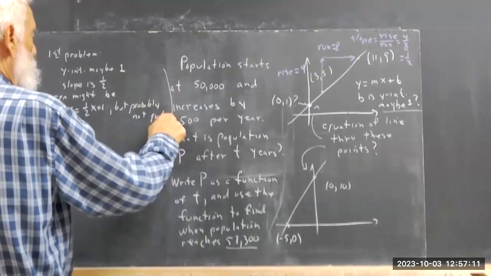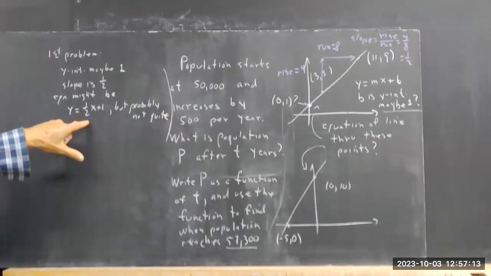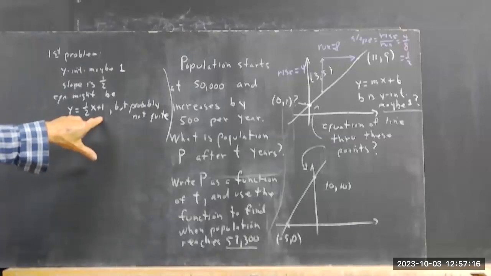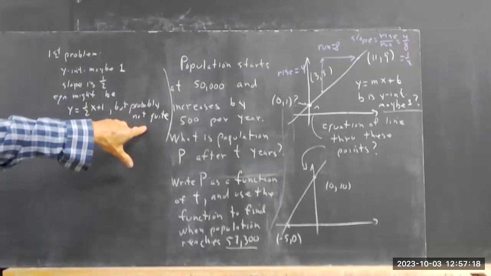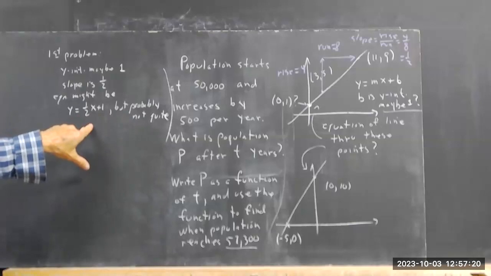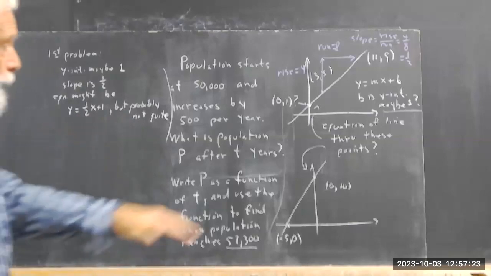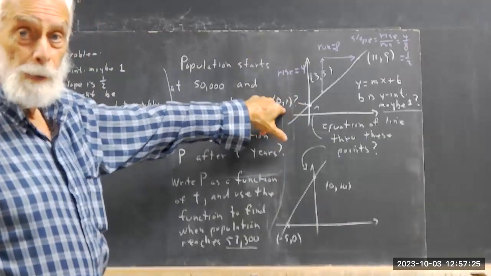Now what I've written there is the slope; the equation might be y equals 1/2 x plus 1, but probably not quite. It's probably somewhat close, but I don't have confidence the y-intercept is exactly 1.